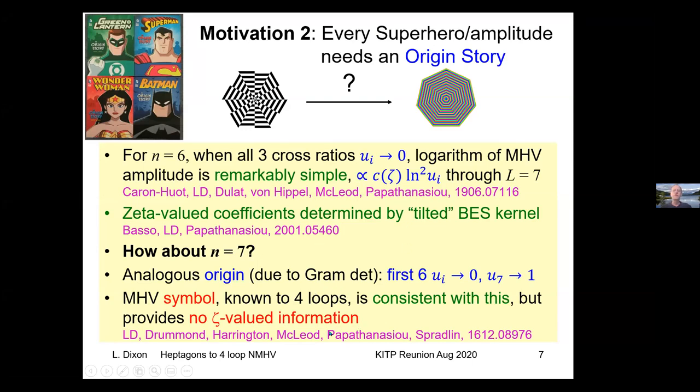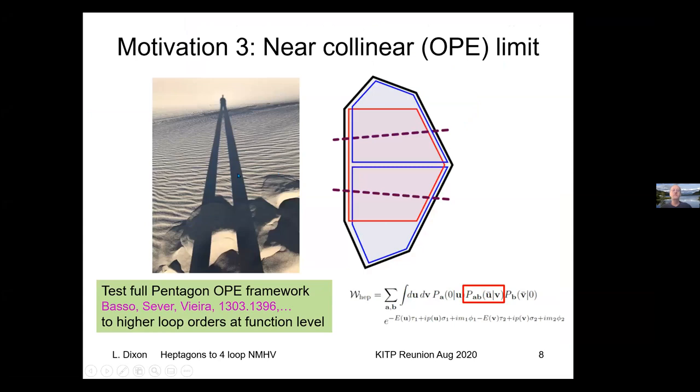So one of the motivations for this work was to understand the heptagon functions at function level in order to do that. Also, the 7-point case has a boundary, which is a near collinear limit where 2 of the gluons are getting collinear over here and also over on this side. And in that limit, the Pentagon OPE framework makes predictions.